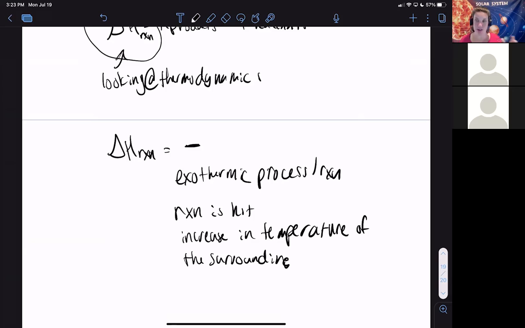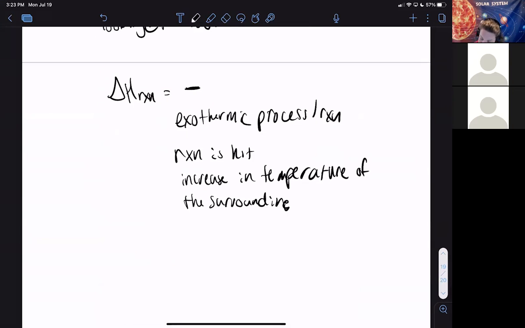So if you've ever had one of those hot packs that you crunch together, you're initiating a reaction, or sometimes it's dissolving a substance. And that process is exothermic, and you feel that heat because of that.